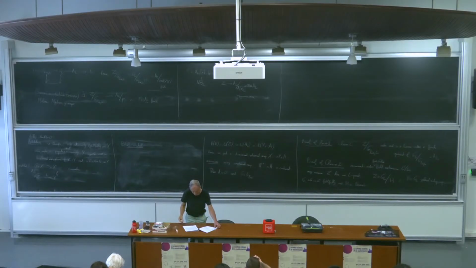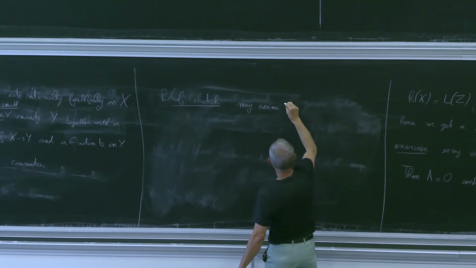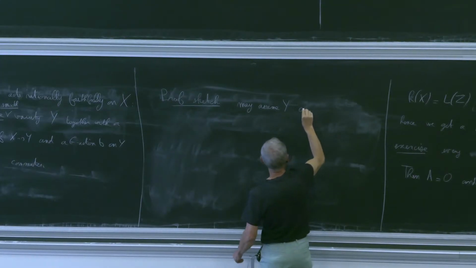Okay, and first of all, if you look at the proof, you may assume this variety Y, which occurs here, to be quasi-projective.